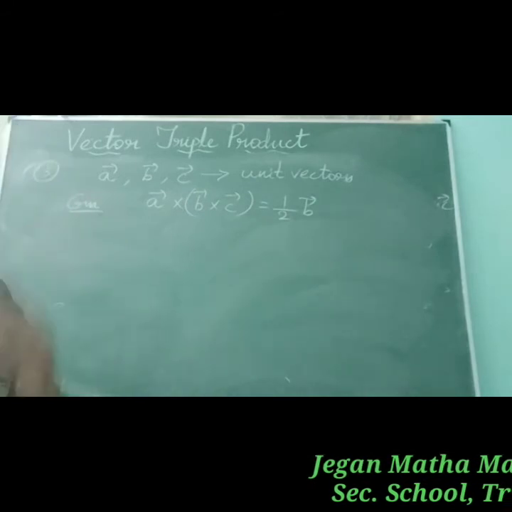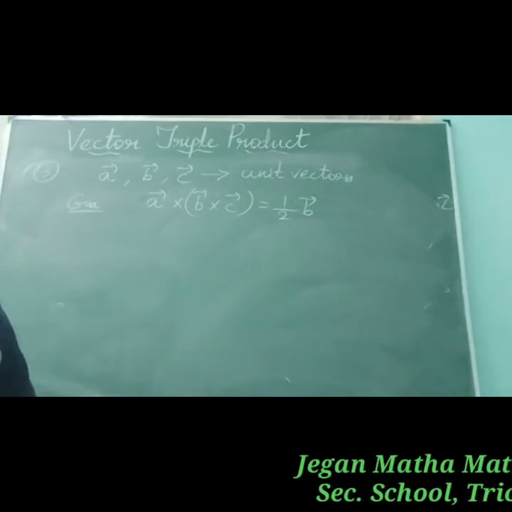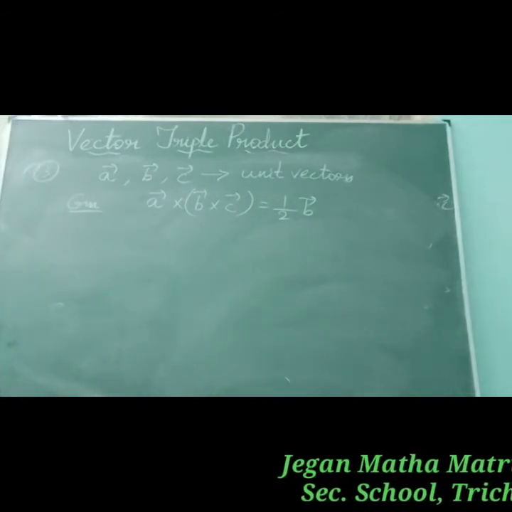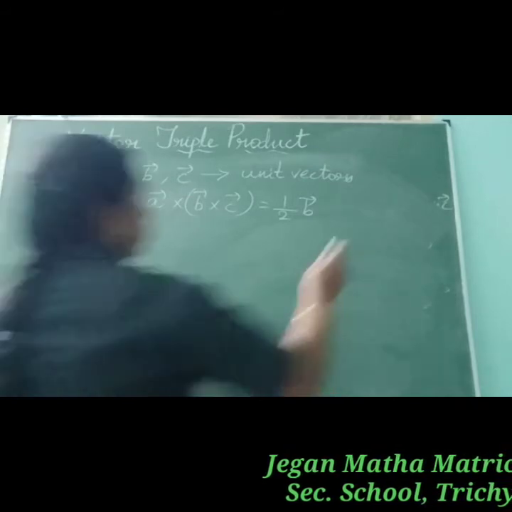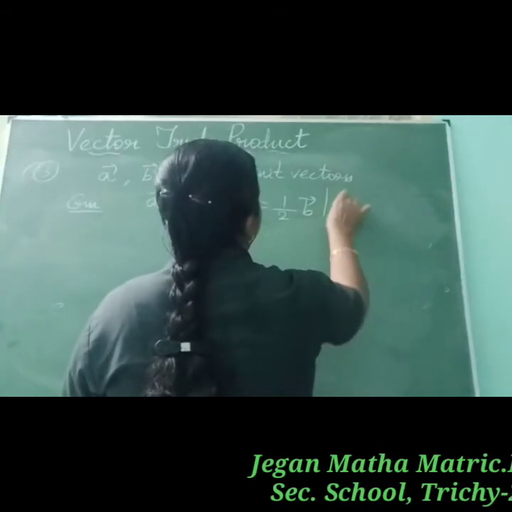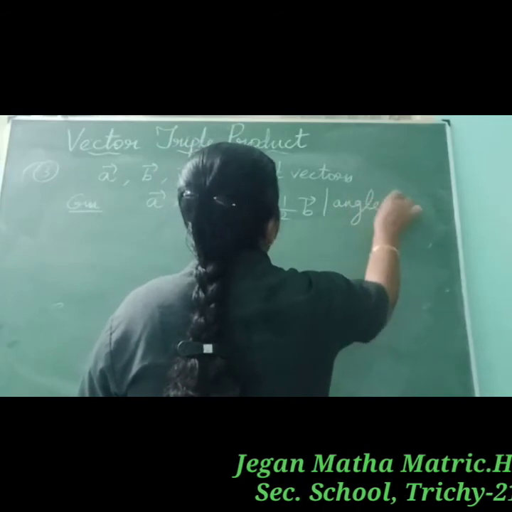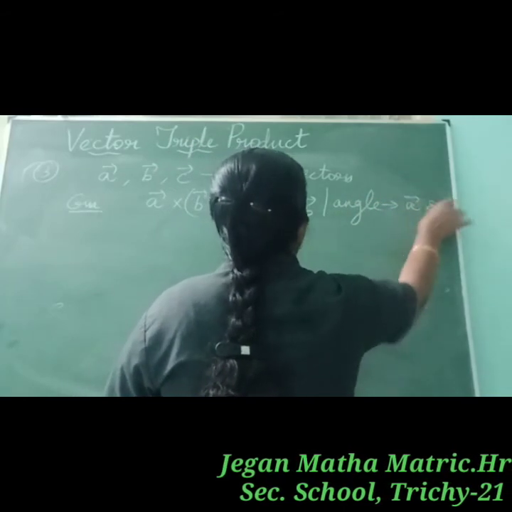B and C are non-parallel, and the given condition is A cross B cross C is equal to half into B vector. We want to find the angle between A and C.